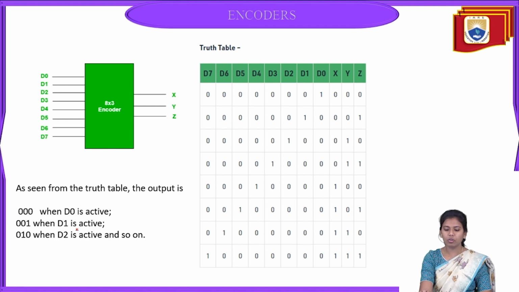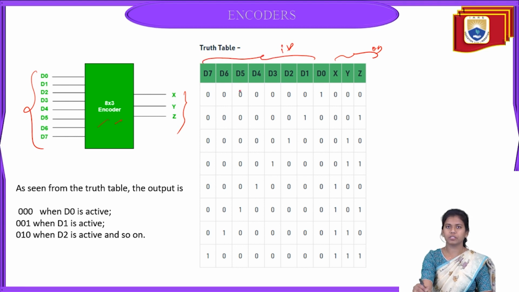So here we consider the 8 by 3 encoder. We have 8 inputs, D0 to D7, and 3 outputs. The truth table follows like this: X, Y, Z are the outputs and D0 to D7 are the inputs.